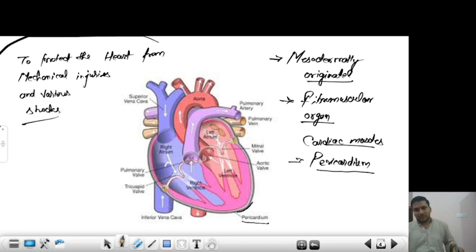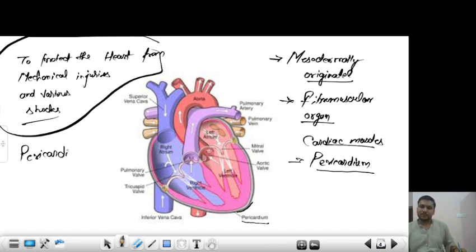This function is supported by a fluid that is known as pericardial fluid. Pericardial fluid is that fluid which is filled between the two layers of pericardium. Suppose this is the outer layer of pericardium and this is the inner layer. So in this region, the pericardial fluid is present, and the function of pericardial fluid is to protect heart from various injuries.